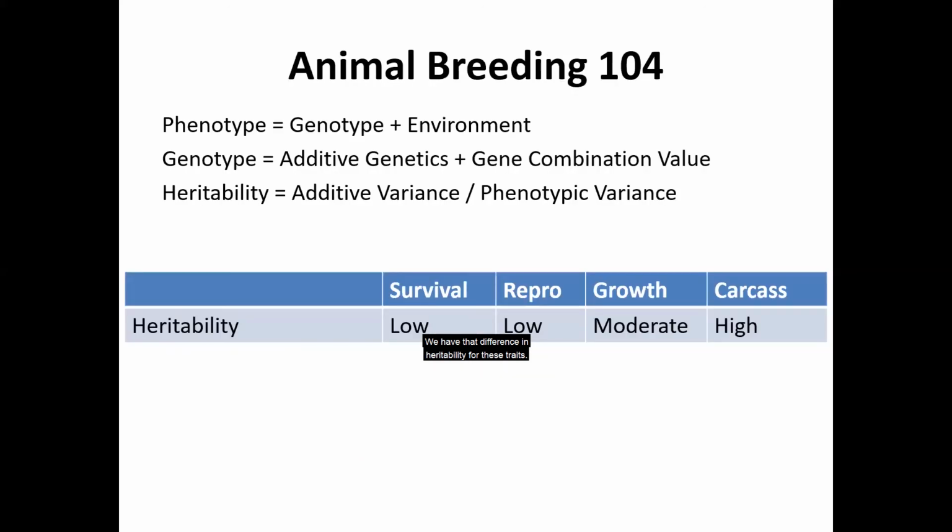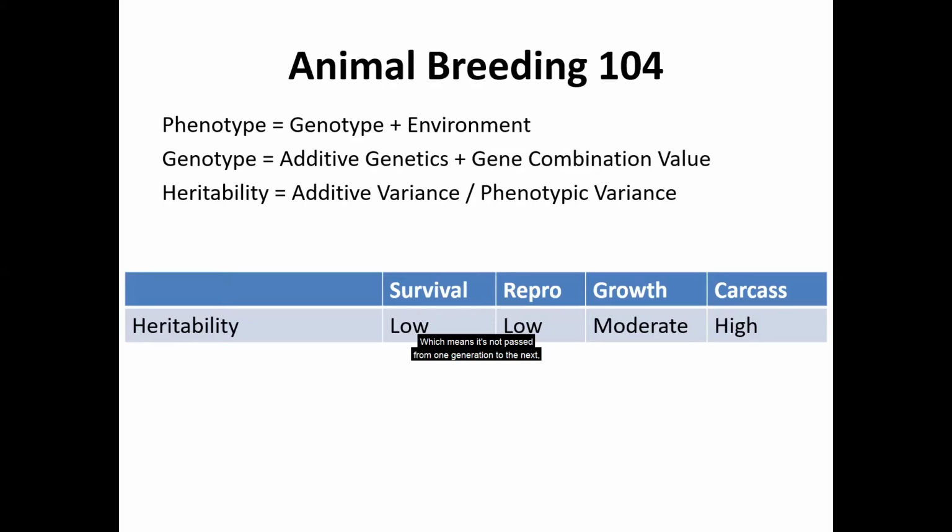And that takes us to the next step. Okay. We have that difference in heritability for these traits, but another thing that comes into play is heterosis. Heterosis, most people are familiar with in the concept of hybrid vigor. It's the same thing. Okay.